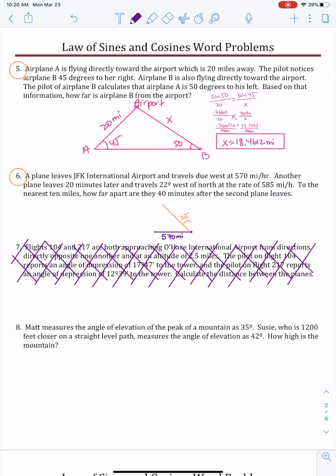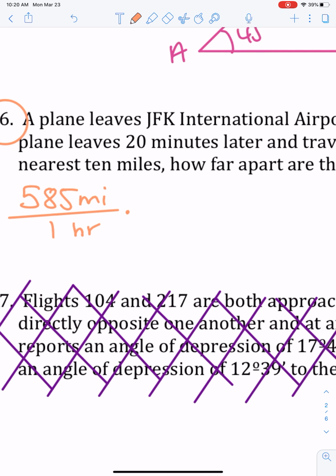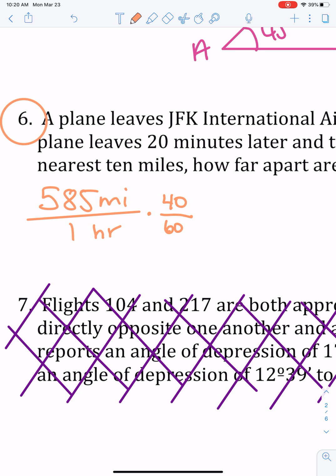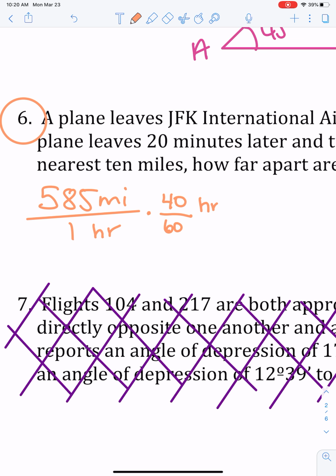But the second one, this is where it gets a little tricky. They only traveled for 40 minutes. And so they were traveling 585 miles for every 1 hour, but they didn't go for 1 hour. They only went for 40 minutes. So 40 minutes out of 60, that is basically 2/3 of an hour they traveled.